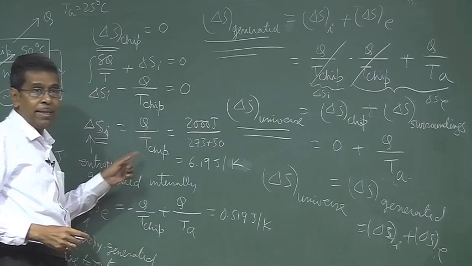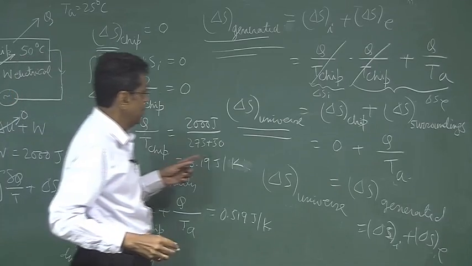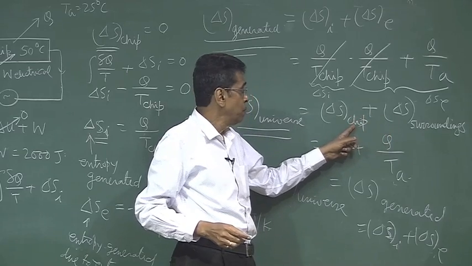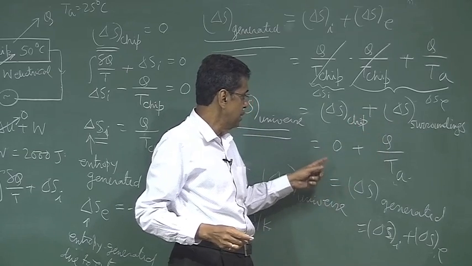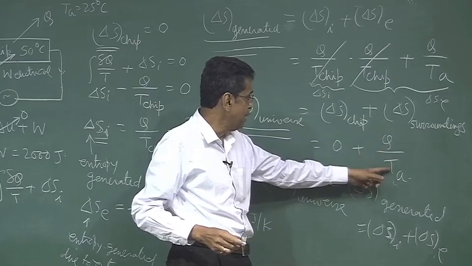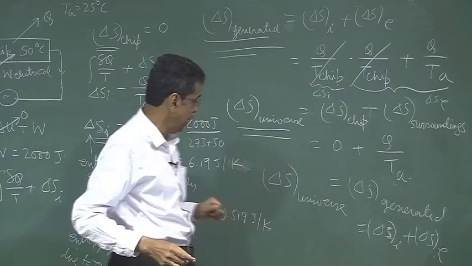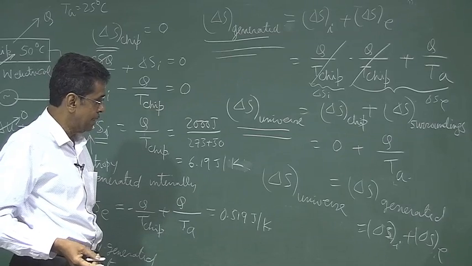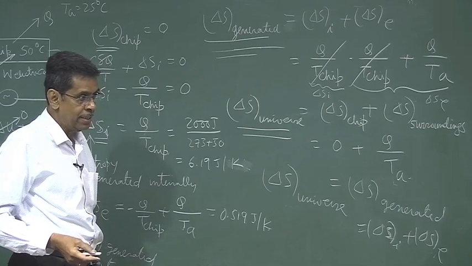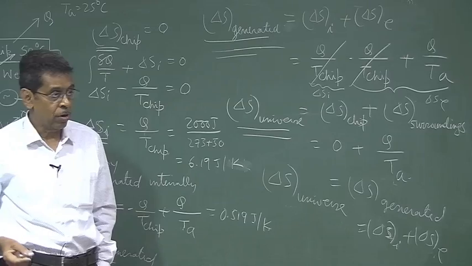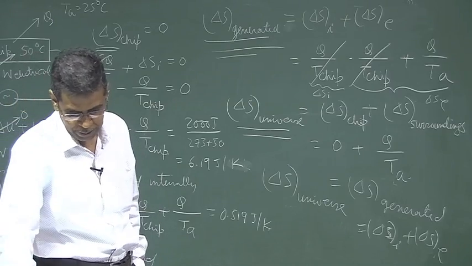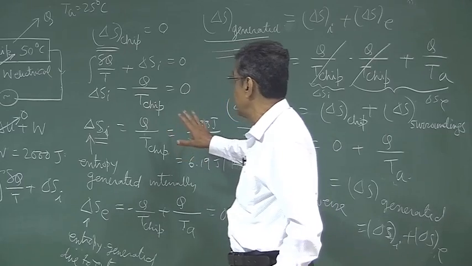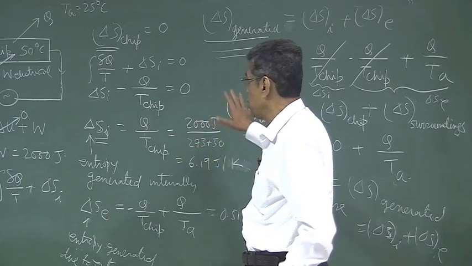Now if you calculate delta S universe as delta S system plus delta S surroundings, that is chip plus surroundings, this again becomes Q by TA, because delta S chip is 0. That means delta S universe is equal to the entropy generated, delta Si plus delta Se. So all these aspects have been covered here: the entropy generated and the entropy change of the universe.